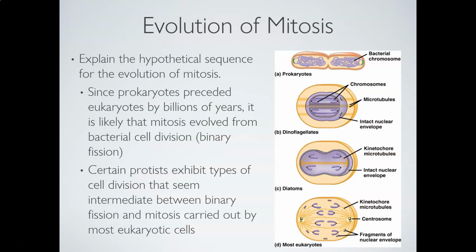And so that means that that process of mitosis would have likely evolved from that original binary fission process. So when we look through living organisms that we see in life today, we actually see some slight variations on that mitotic process that look somewhere like an intermediary between that binary fission and the mitosis we talk about now in eukaryotes.